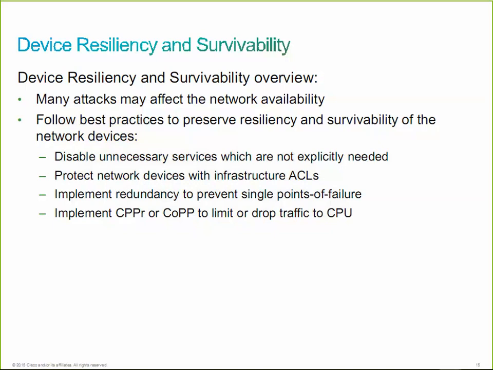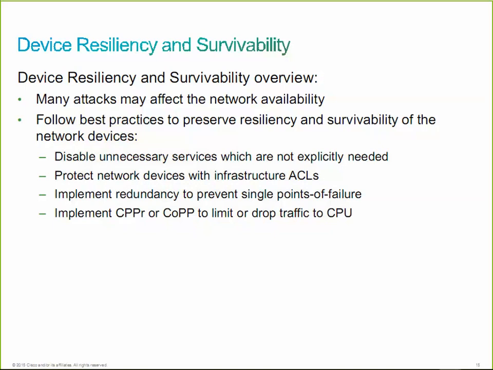okay? Similarly, the CPPR, Control Plane Protection feature, also rate limits and drops traffic destined for the CPU. All right? The difference between COPP and CPPR, though, is that COPP isn't predefined. You have to set up classes of traffic.